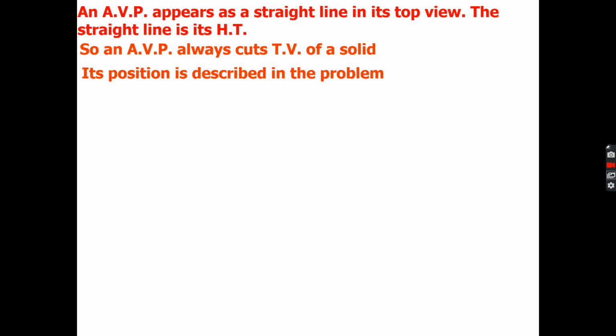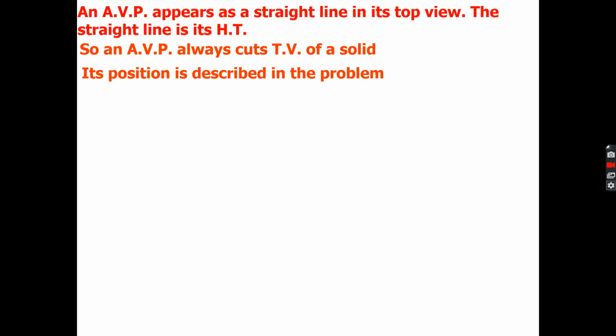We are making an orthographic projection and showing its top view and front view, and it is the 2D shape. We can cut the 2D shape with the help of a straight line. So if you are using the AVP, how can we cut the solid? We can cut the solid by cutting the top view of the solid, because AVP is a straight line in its top view.